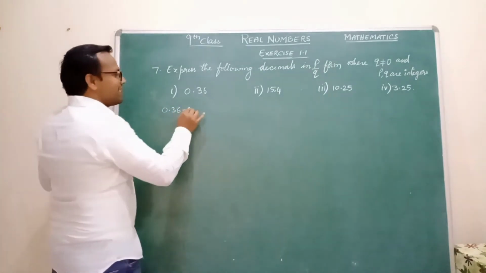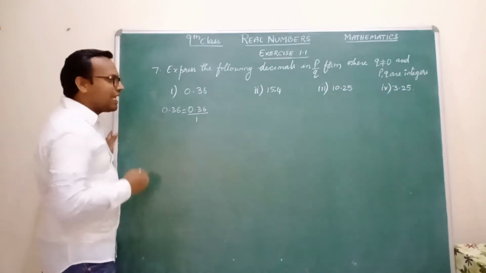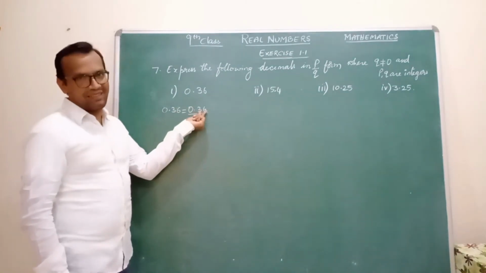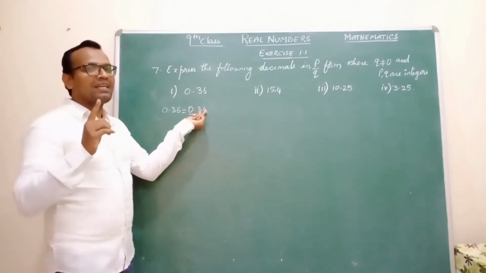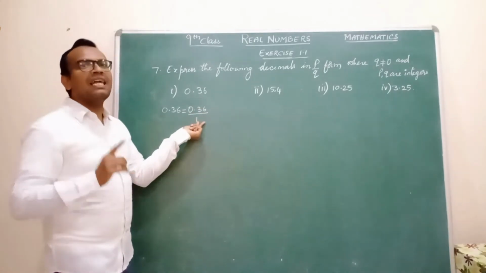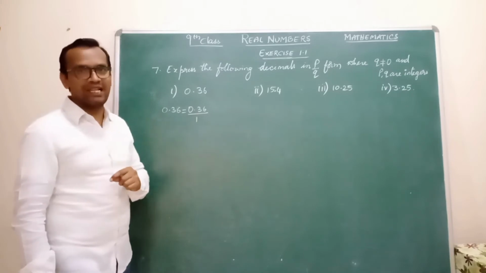Now 0.36 can be written as 0.36 by 1. Here after the decimal point, two digits are there, so we have to multiply numerator and denominator by 10 power 2. 10 power 2 is nothing but 100.